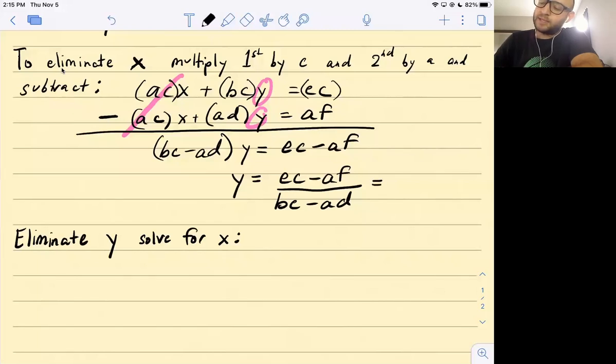I'm going to put a minus sign on the top and bottom here to make it more consistent with the pattern that I'll show you in a little bit. So this will become AF minus EC. I'm switching the subtraction in both of them. That doesn't change the actual answer.